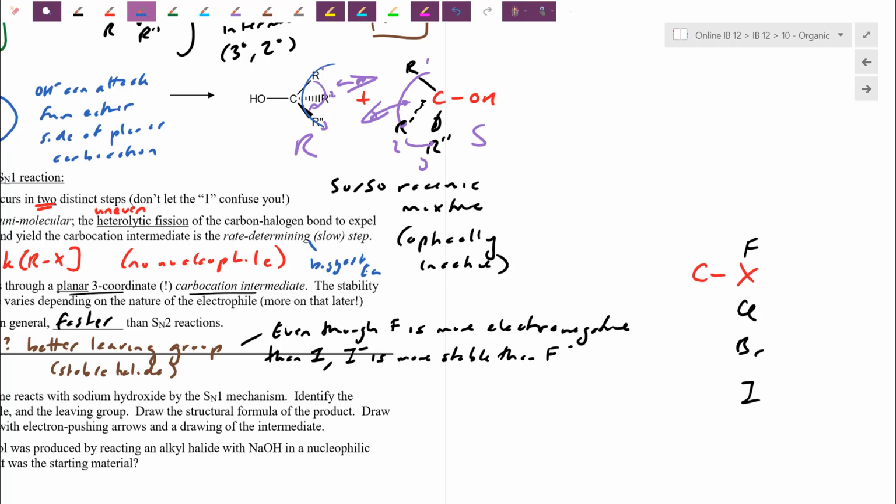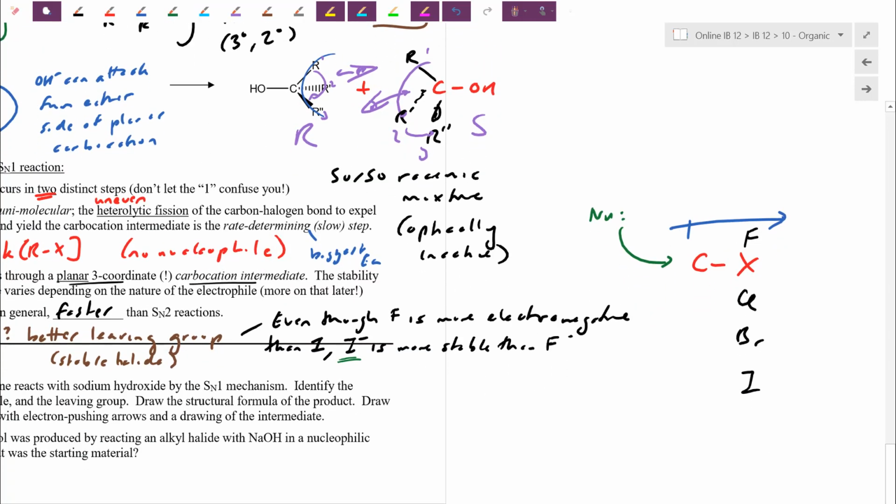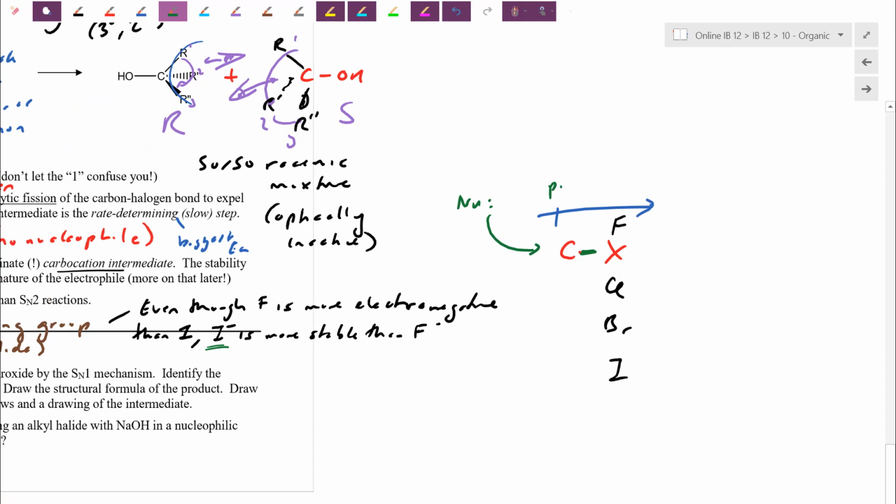One feature is going to be if this bond here is more polar, C and F are going to be really, really polar, that's going to really want to attract the nucleophile on, right? That's going to make it more reactive. But like we just said, experimentally, I minus is also more stable than F minus. I minus is easier at up and leaving than just F minus because the CF bond is actually a fairly strong bond. So in some sense, we might want to argue here, when the polarity increases, it should be more reactive, but that's not the only story.